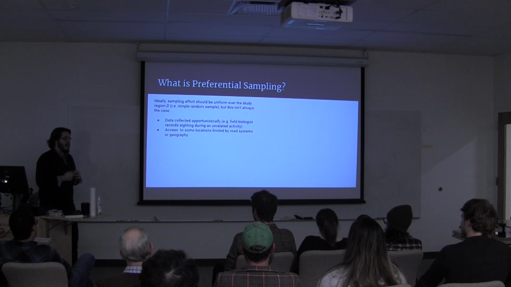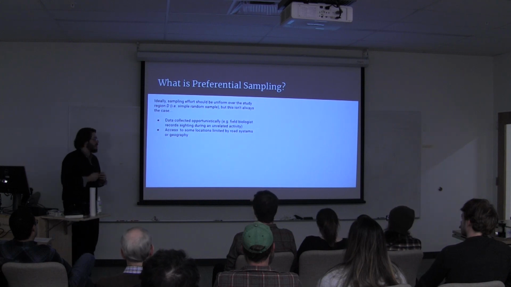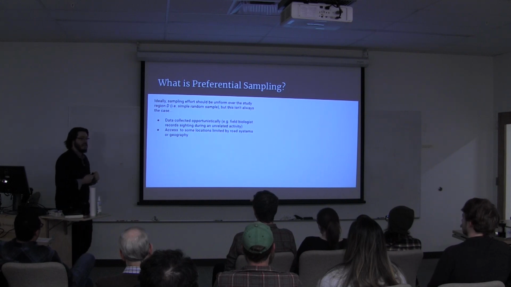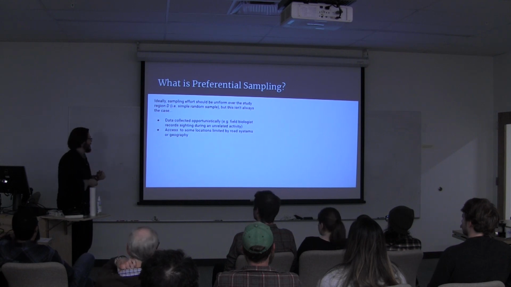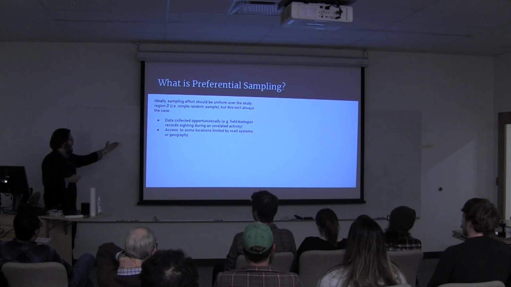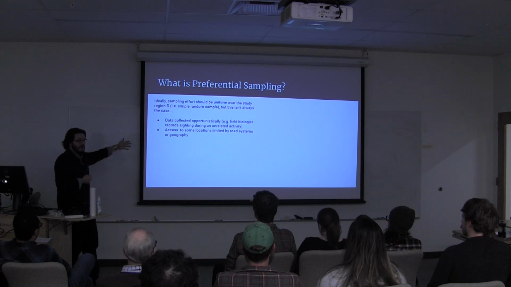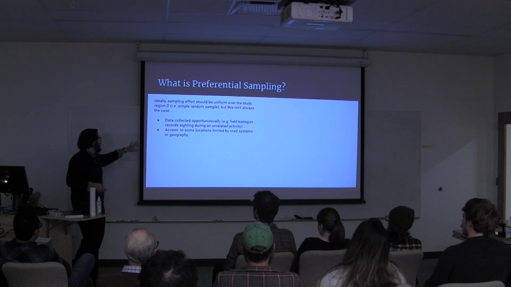Here are some examples of how preferential sampling could arise in ecological studies. Maybe the data was collected opportunistically. So a field biologist records a sighting during an unrelated activity. You can't uniformly sample opportunistically. Maybe access to locations is limited. This is the main factor for preferential sampling, in my opinion: it's just hard to access the top of a mountain or a meadow that's way off the road system.